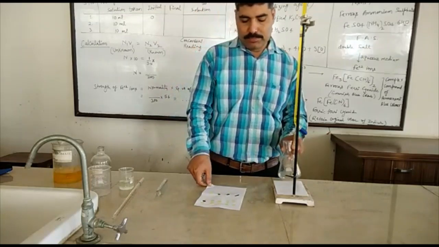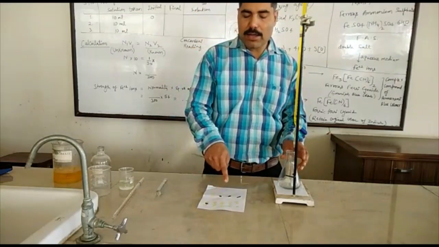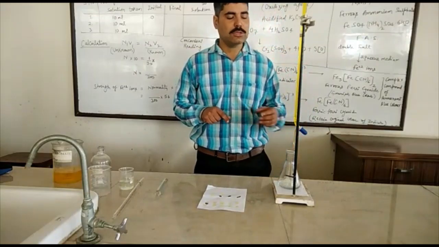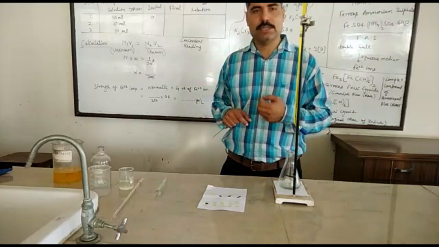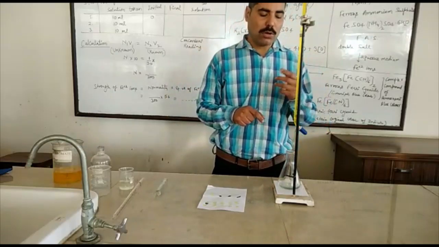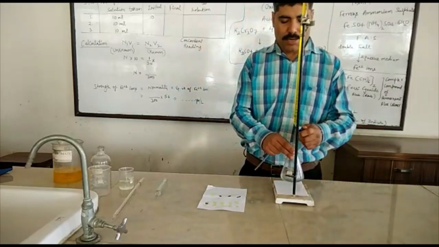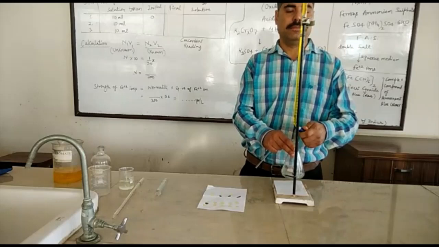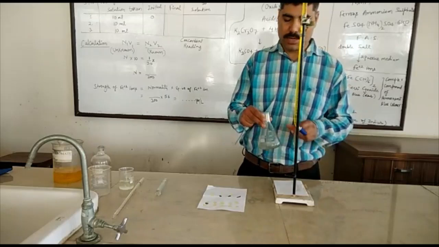See, in this, the color is fainter as compared to the before one. Why? Because the concentration of Fe+2 decreases, because it converted into the ferric ion due to the oxidation. Add 1 more ml of potassium dichromate in this.